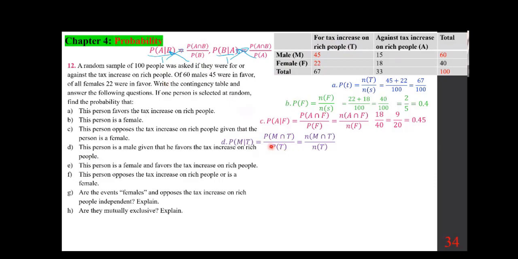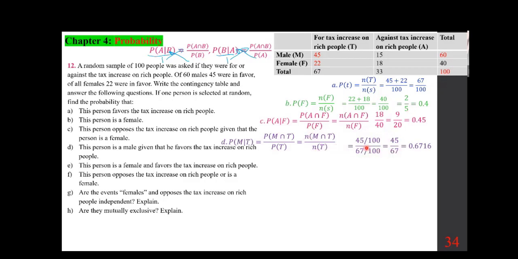And it changes to N, and the reason is that you divide the top and the bottom by N of S. I want you to know that. And therefore, the answer is what I mentioned, 45 over 67. This refers back to this one, and the total sample space of 100 drops, and it becomes N, 45 over 67.